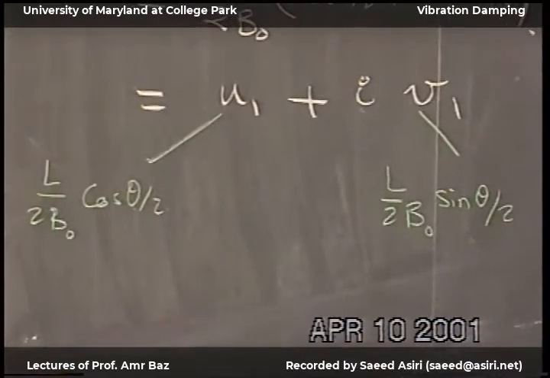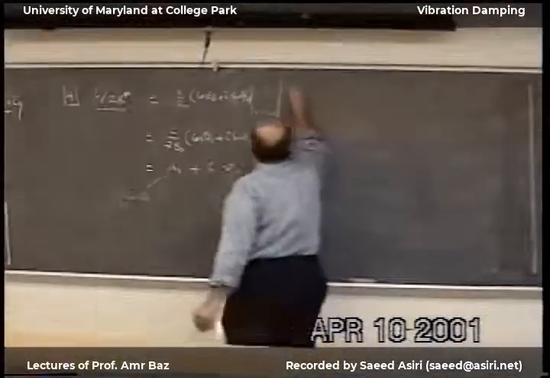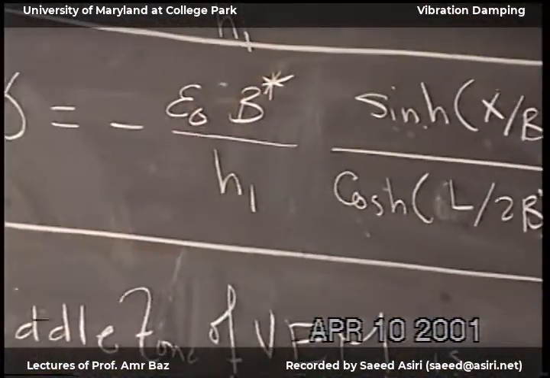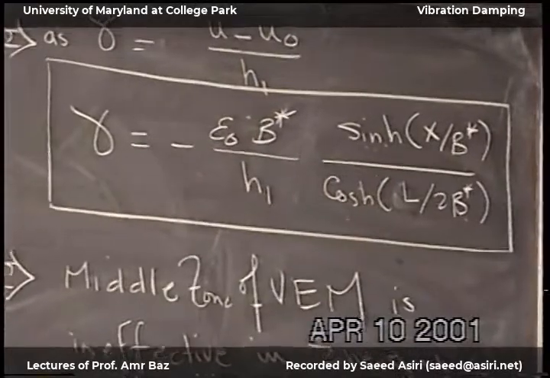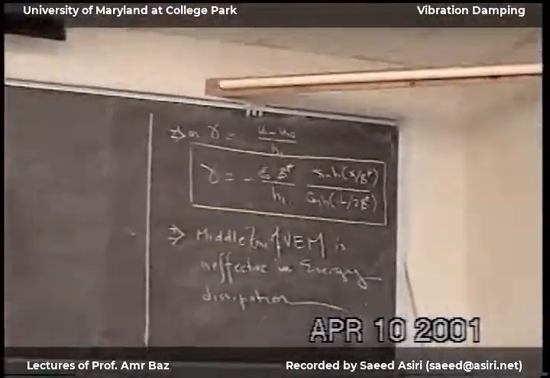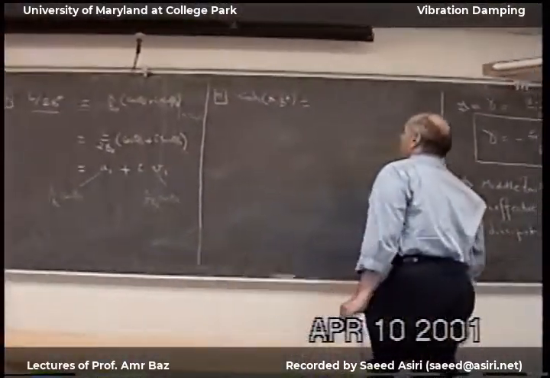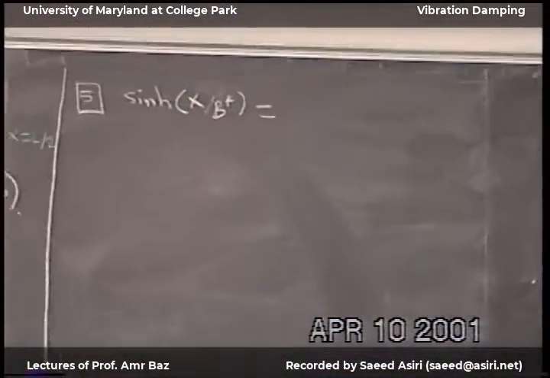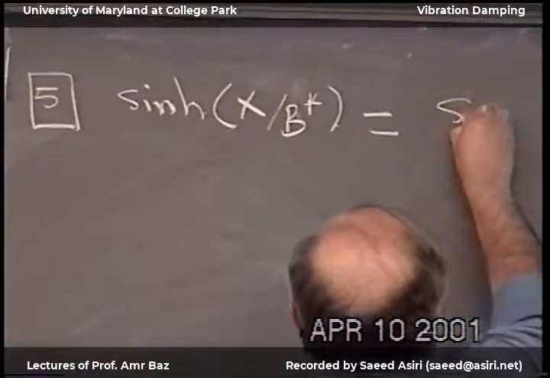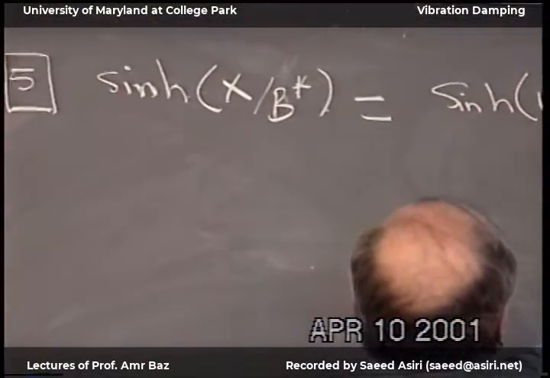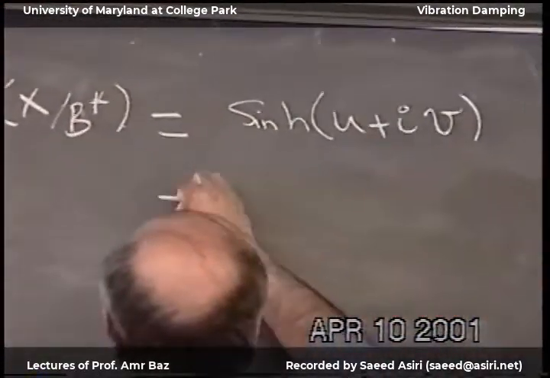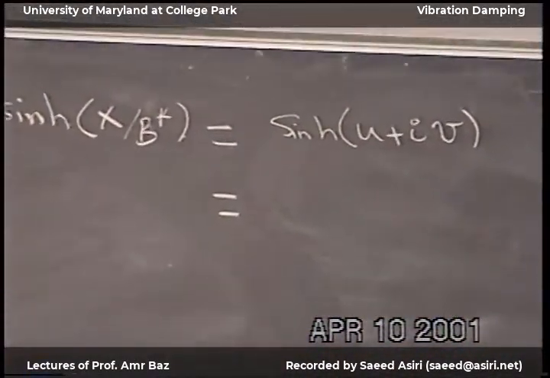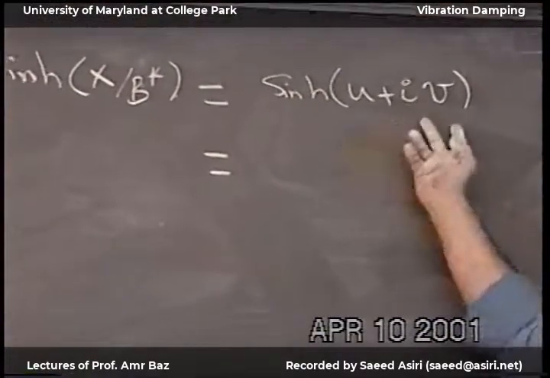Then now number 5, the sine of x over B0 over B asterisk will equal the sine of the complex number U plus iV. So this is very similar to sine or cosine of a sum of two angles.